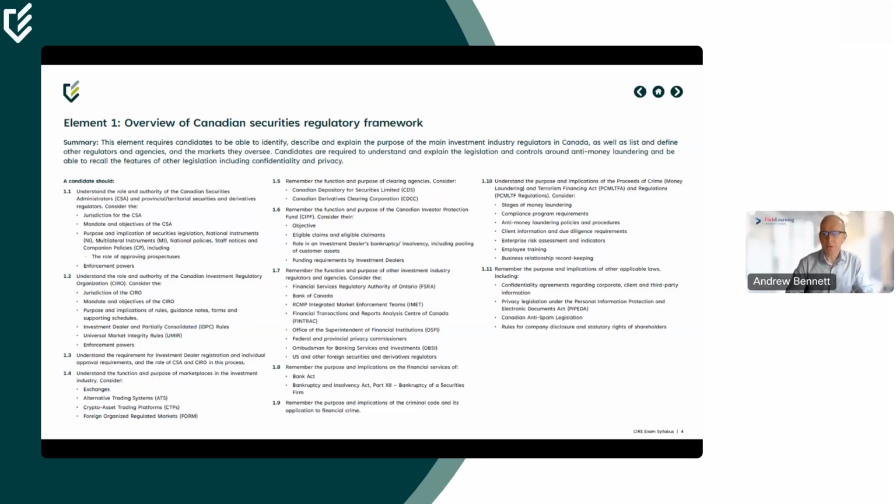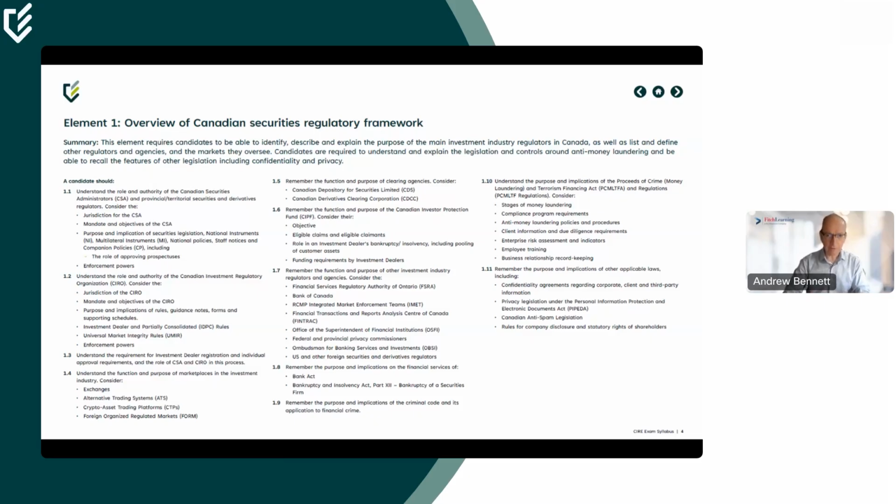But it's not just state a fact that CDCC is a clearing agent, it's focusing the questions as well on the function and purpose. So those definitions, those facts will be based not just on who our clearing agencies are, but the function of those clearing agencies and the purpose of those clearing agencies.